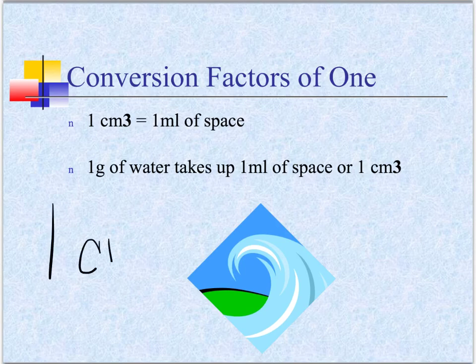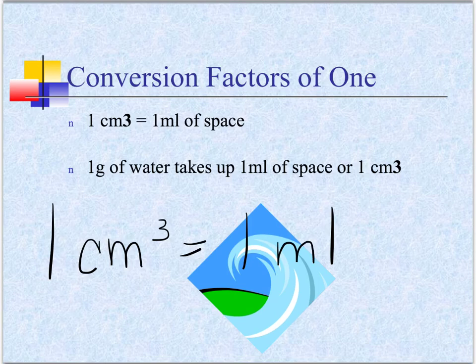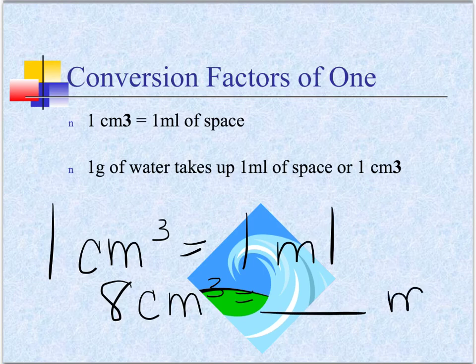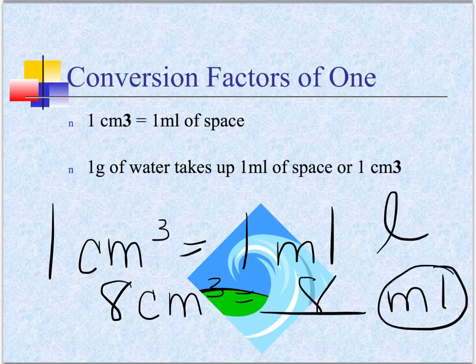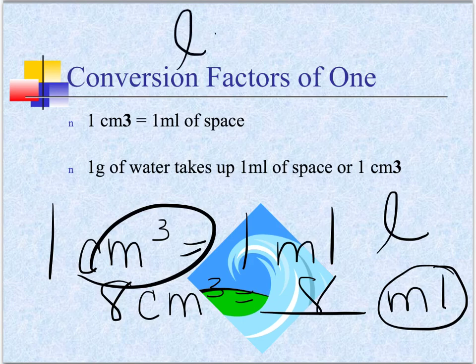But 1 centimeter cubed is equal to 1 milliliter. So if I said to you, 8 centimeters cubed equals how many milliliters? You would say 8, because they're similar. Because remember, milliliters or liters is volume, but so is centimeters cubed, because volume is length times width times height.